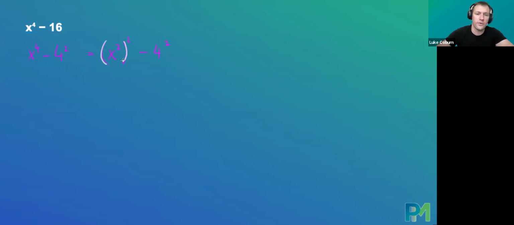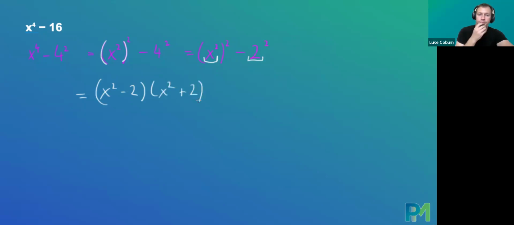And what we see here is that this actually can be written as x squared minus 2 squared. So we have this thing, whatever that is, squared, and this thing squared. So now we have x squared minus 2 by x squared plus 2.